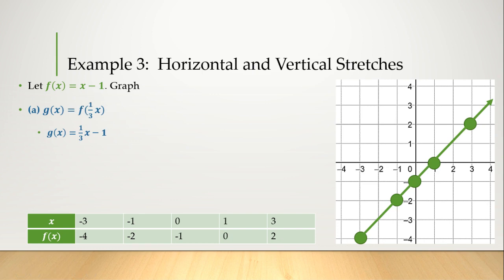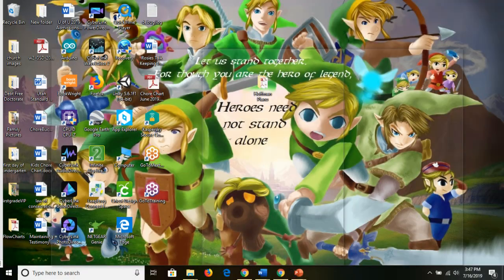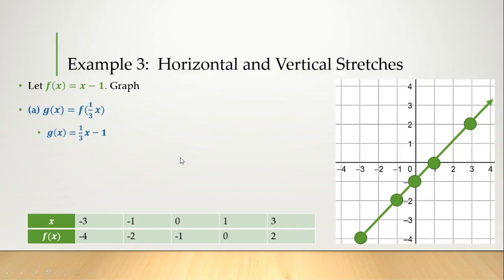Since this is showing it on the inside, okay, that's going to mean that this needs to be a horizontal stretch or shrink because we are multiplying the input by 1/3. Now, because it's inside the parentheses, all we do is we change the x in the original to this new thing, 1/3 x. So we get 1/3 x minus 1 as compared to just x minus 1.